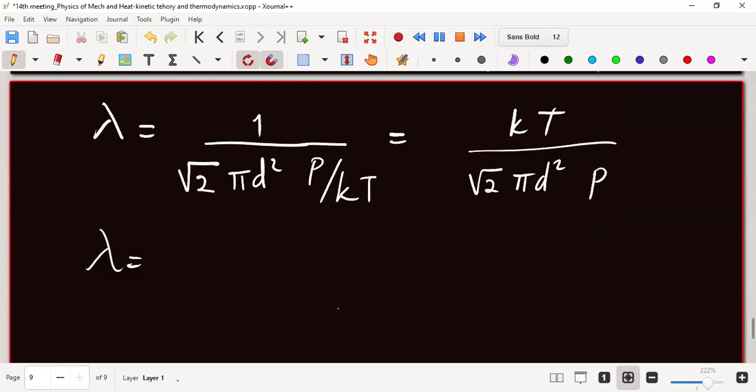So we'll get lambda. Then k is the Boltzmann constant, 1.38 times 10 to the minus 23.